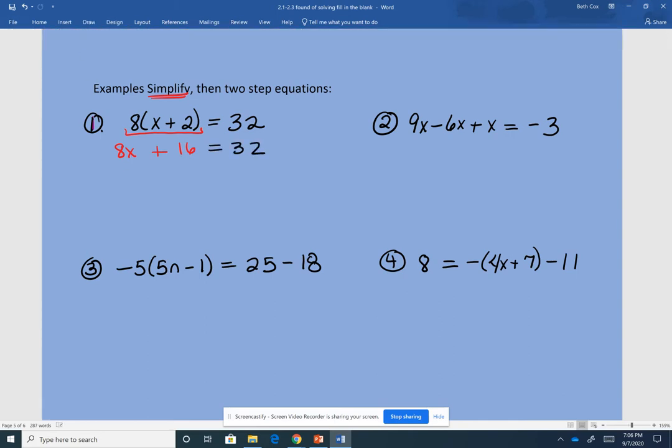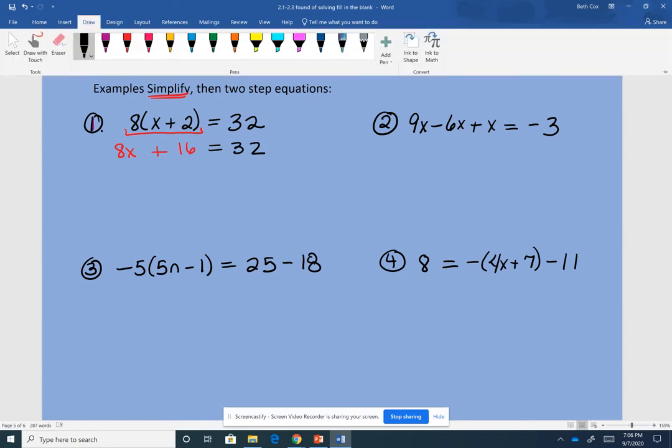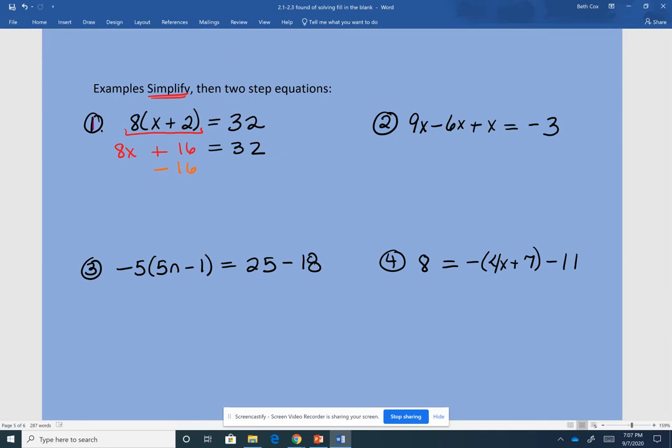And write that down. And now I can solve. Simplify, then solve. Okay, so now the solving process, I'm going to subtract 16. That's gone, or you can call it 0. What I do to one side, I do to the other side.